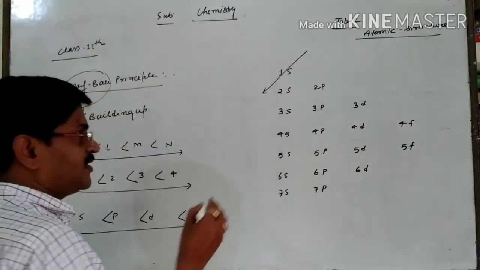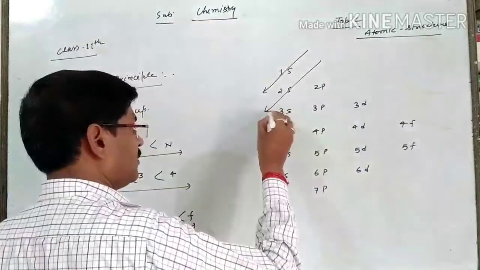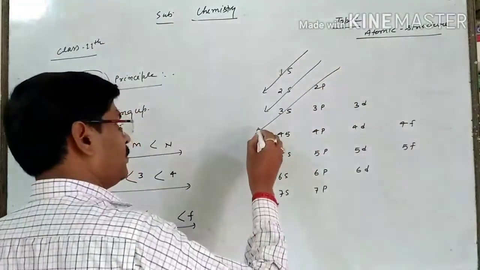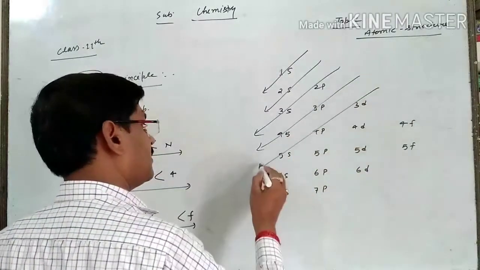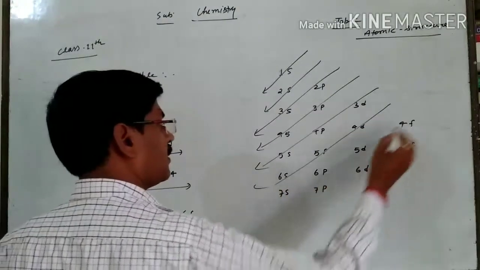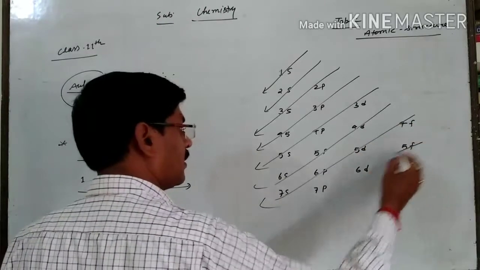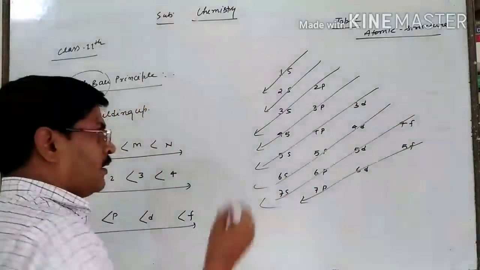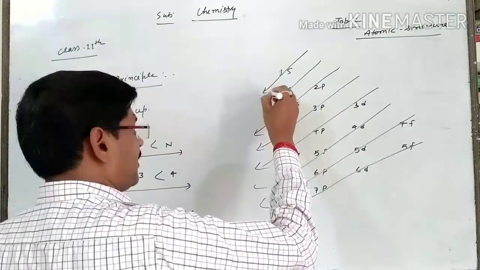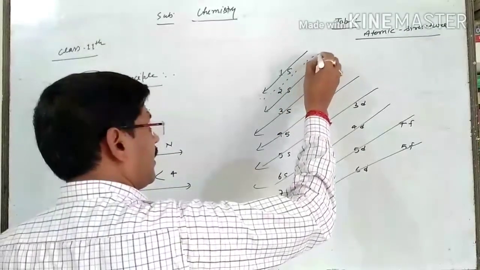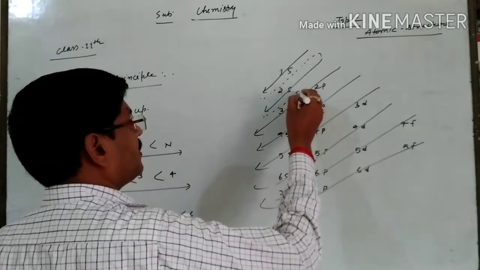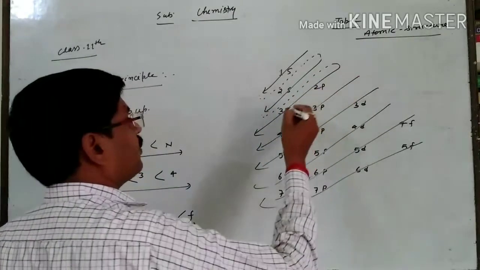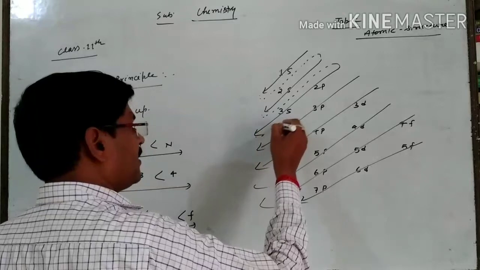Electron firstly enters 1s, then 2s, 2p, 3s, like this. Firstly, an electron enters 1s, then you return back and an electron enters 2s. After that, again return, then 2p, 3s.